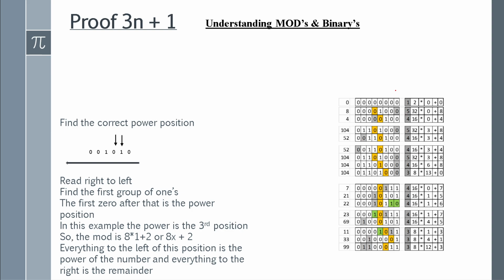The multiply by 3 doesn't work in that scenario. So it just adds a 1 to the remainder side. So it pushes our power, right, from slot 2 to slot 3.